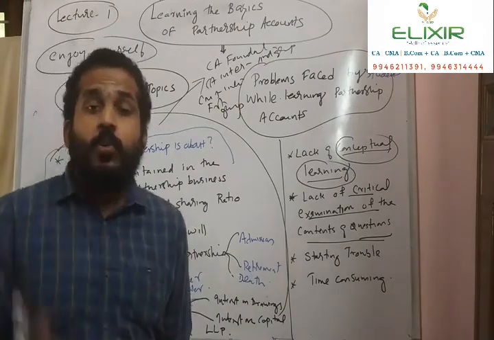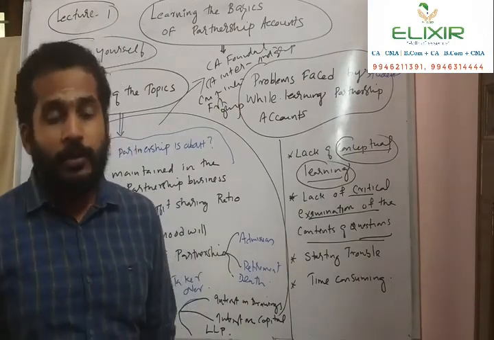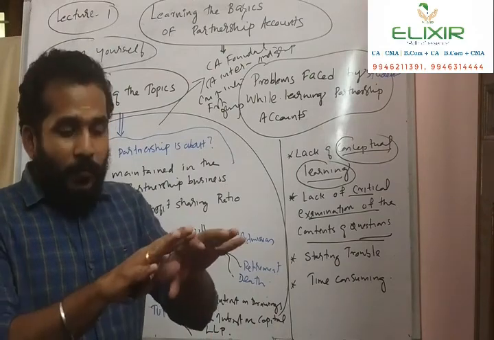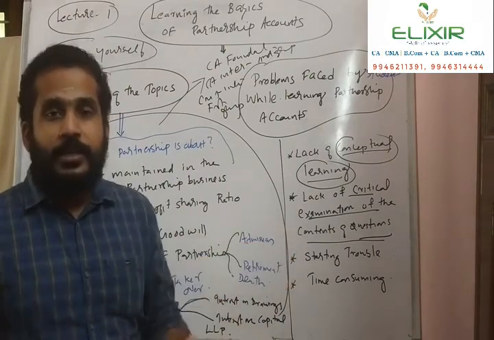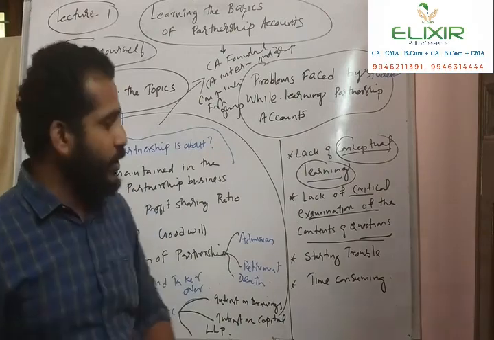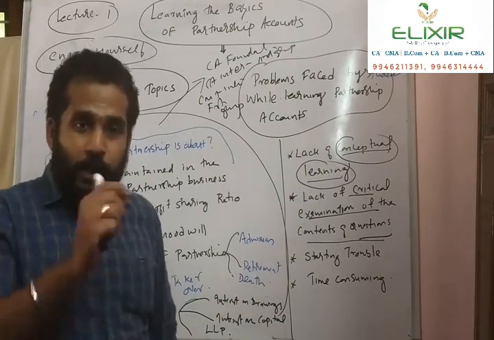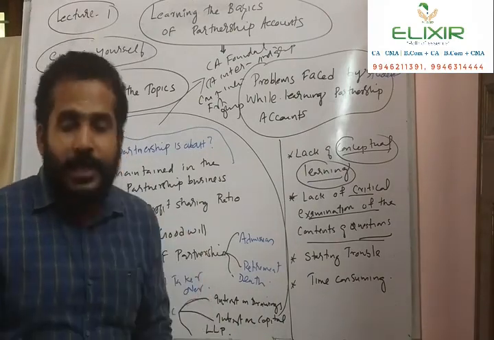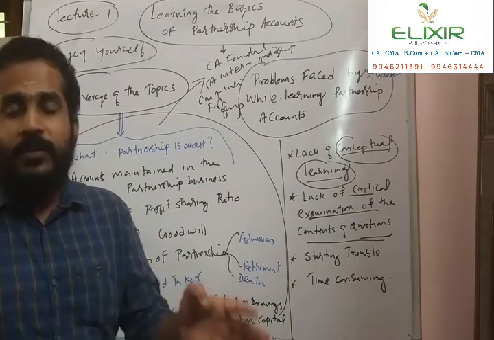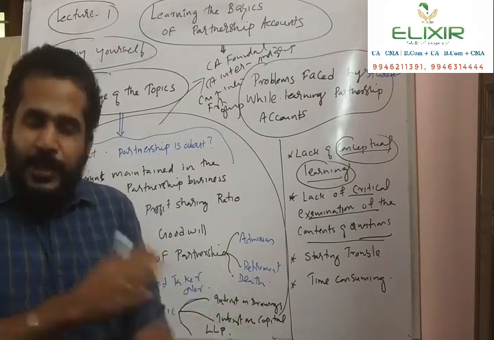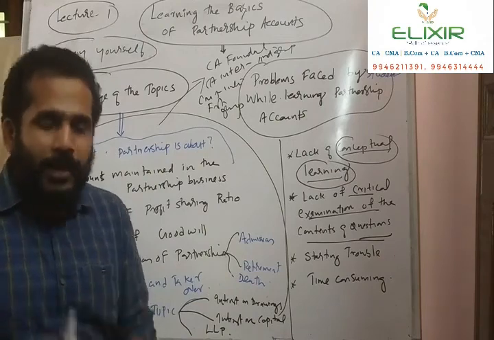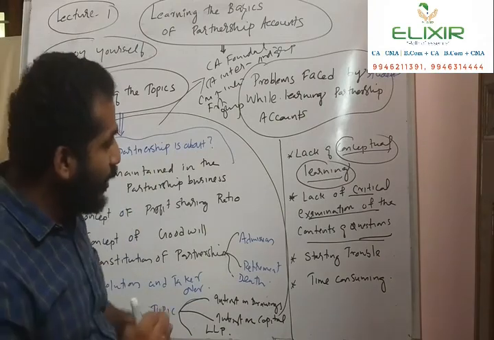Learning accounts is equal to learning English grammar, because while learning grammar, we split the sentence into tenses, clauses, etc. In the same way, while doing your problems, you should analyze what is given, what the contents of the question are, and split it into different pieces. Only then can the objective of the question be achieved.